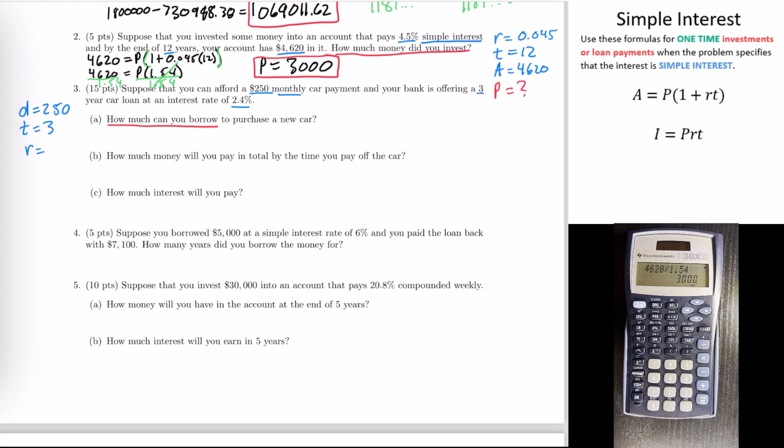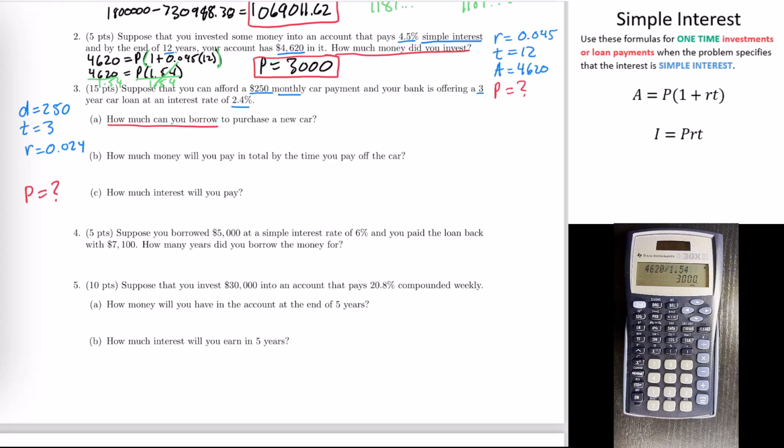And the interest rate is going to be 0.024. And then the question we were asked is how much can you borrow to purchase a new car? So the amount that we're borrowing is the beginning amount of the loan. And so that means that we're looking for P.